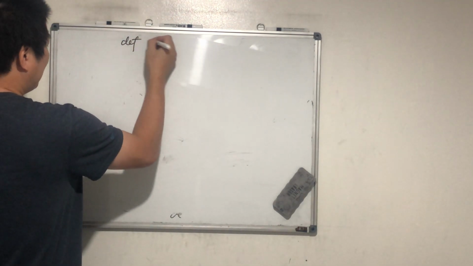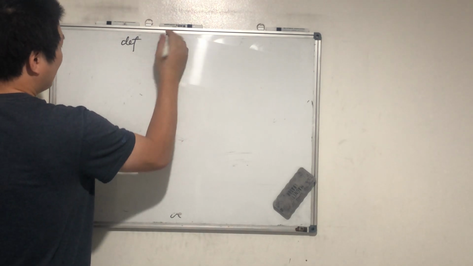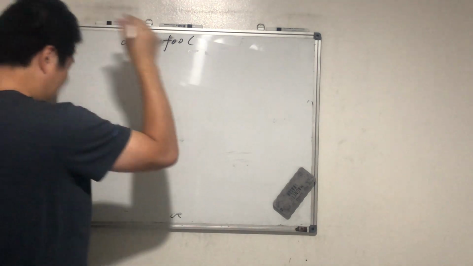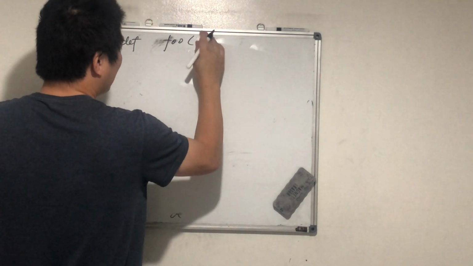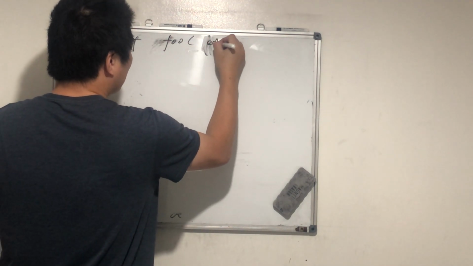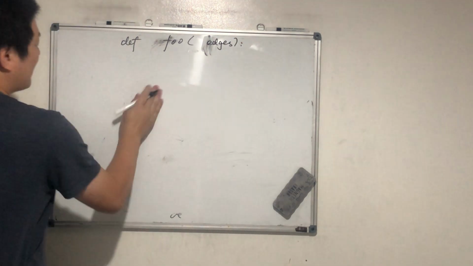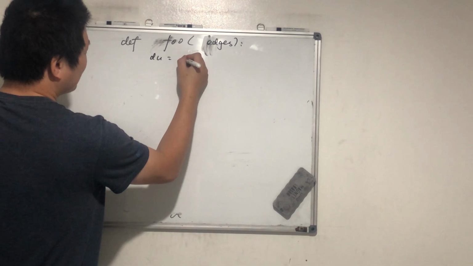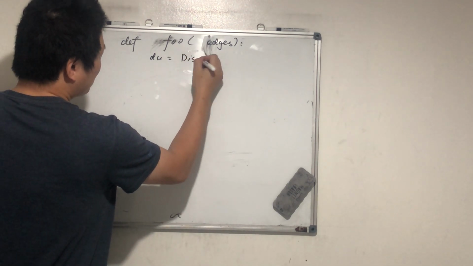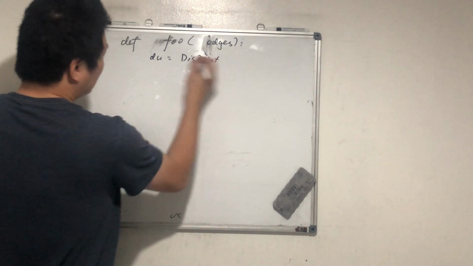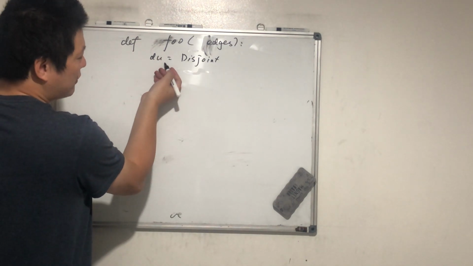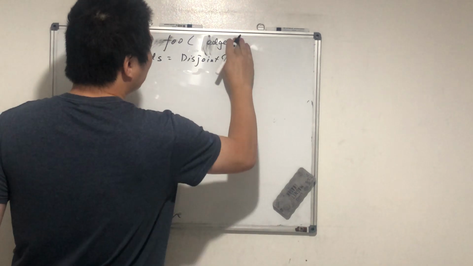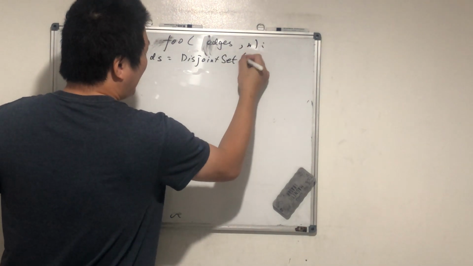Let's define check, or just call it function foo, with G and maybe edges. The disjoint set ds equals DisjointSet, and there's n, so we put in n.